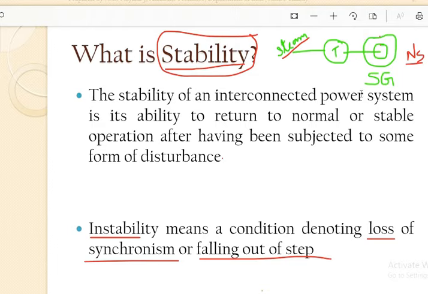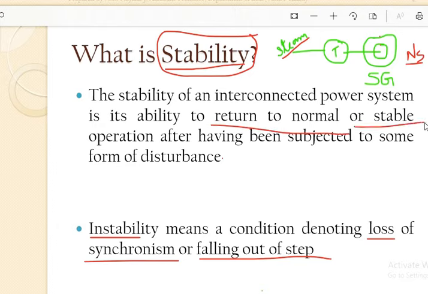Okay, what do you mean by stability of a system? You can say that a particular system is stable if, when something happens and your machine tries to get out of synchronism, the system can make the machine go back to its synchronous speed, that is, return to the normal or stable operating condition.